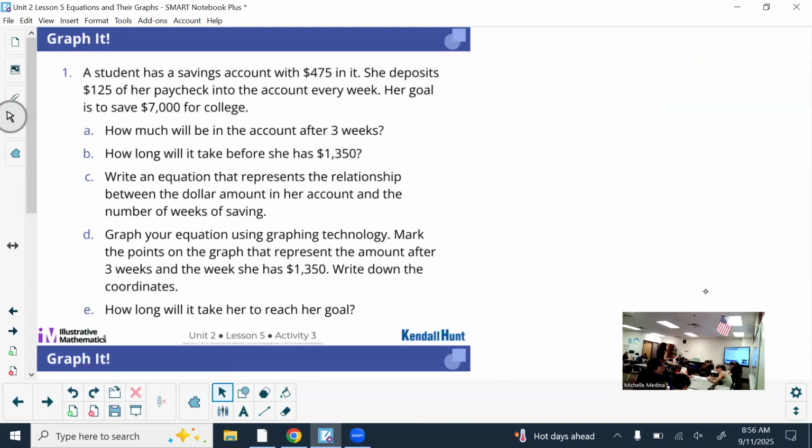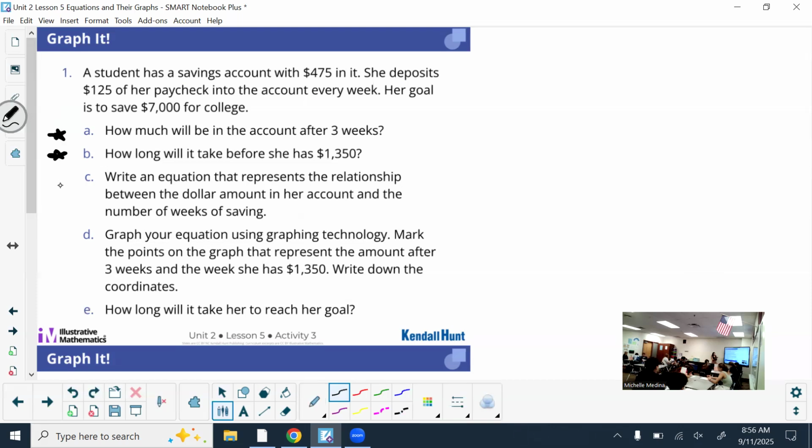She deposits $125 of her paycheck into the account every week. Her goal is to save $7,000 for college. How much will be in the account after 3 weeks? How long will it take before she has $1,350 saved? Write an equation that represents the relationship between the dollar amount in her account and the number of weeks of savings.